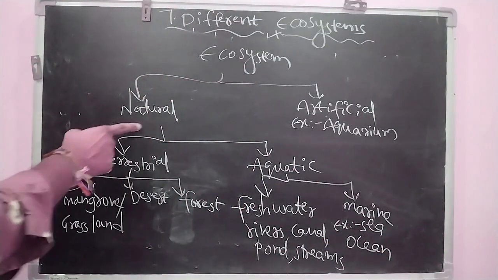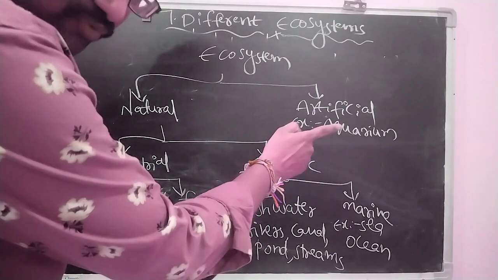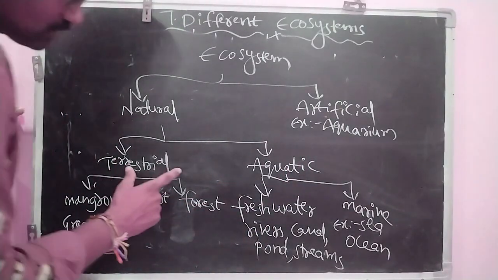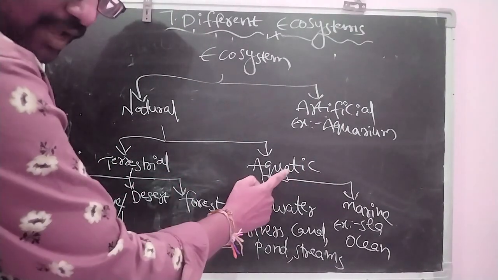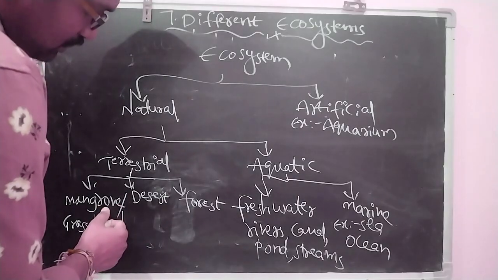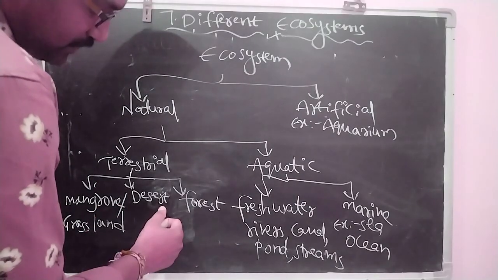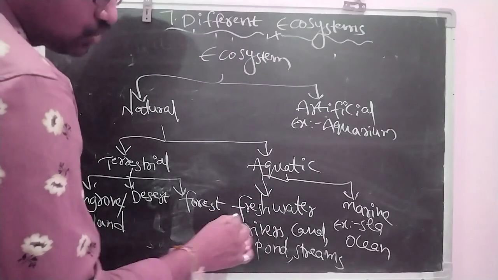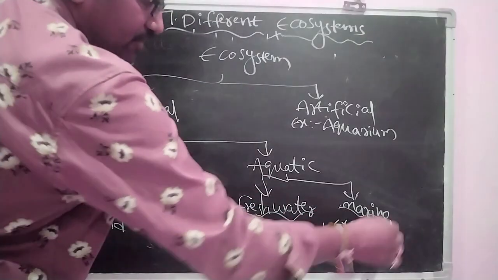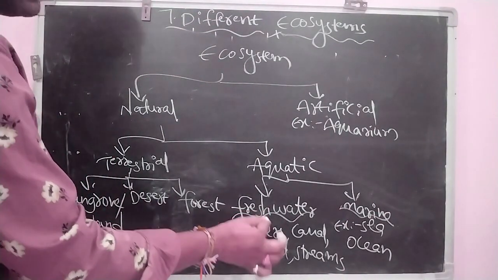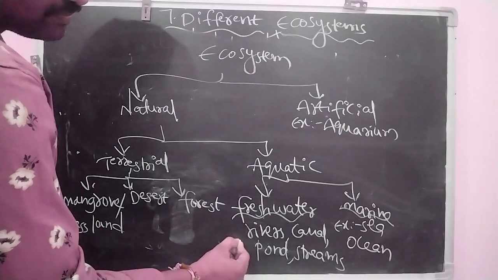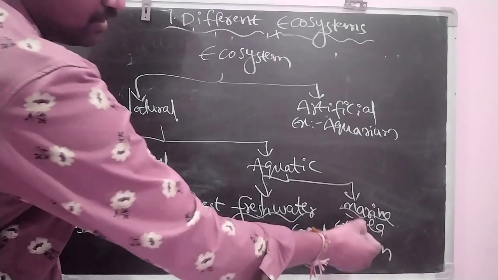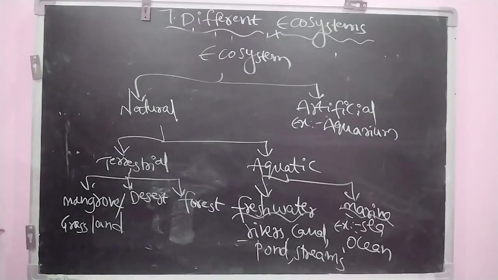Okay, the ecosystem is classified into natural and artificial, and the natural is of two types: terrestrial and aquatic. Terrestrial: grassland ecosystem, desert ecosystem, forest ecosystem. Aquatic ecosystem has two types: freshwater ecosystem and marine water ecosystem. Freshwater comes under rivers, canals, ponds, streams. The marine ecosystem covers seas and oceans.